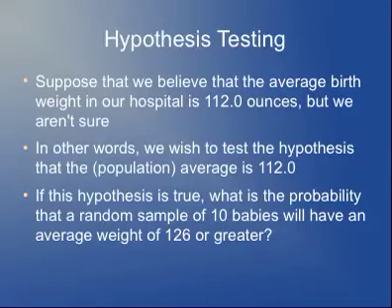Suppose we believe that the average birth weight in the hospital is 112 ounces, but we aren't sure. In other words, we wish to test the hypothesis that the population average is 112. If this hypothesis is true, what is the probability that if we collected 10 babies, they would have an average weight of 126 or greater?